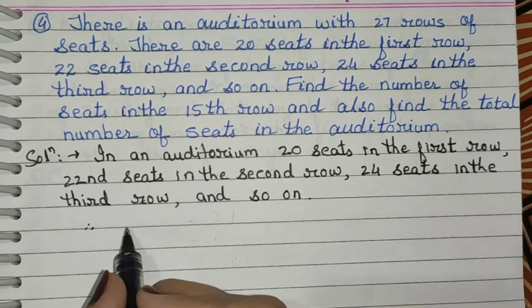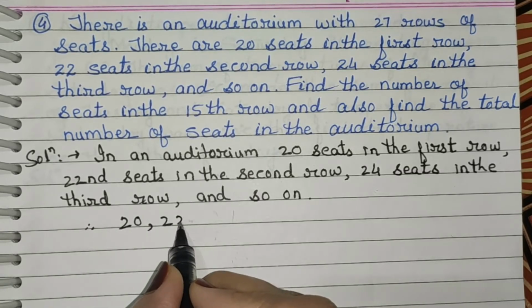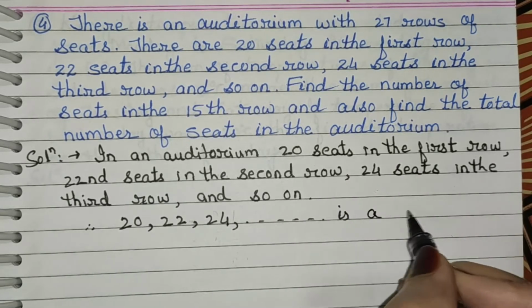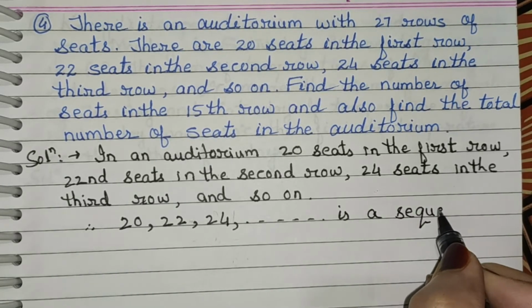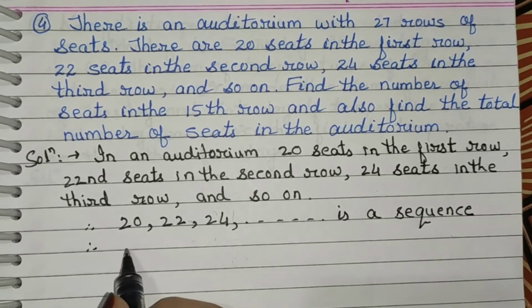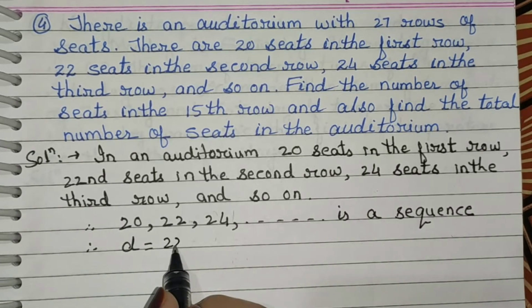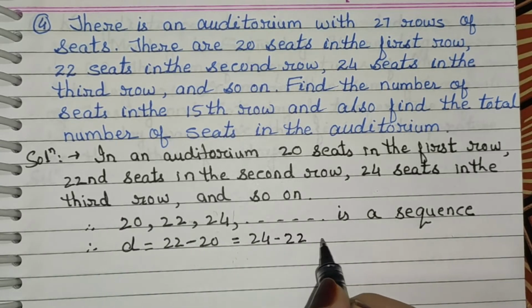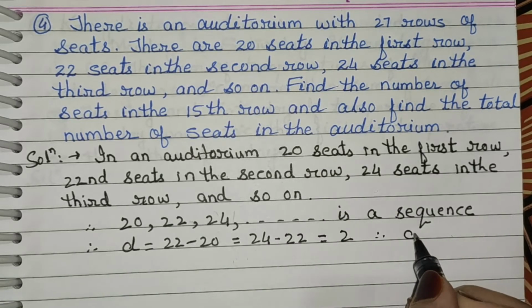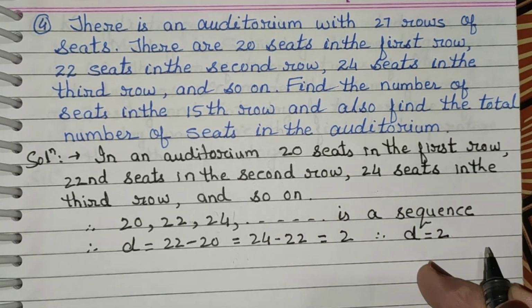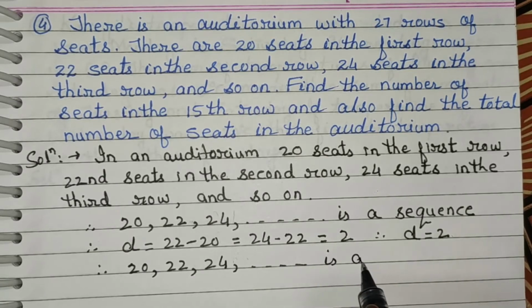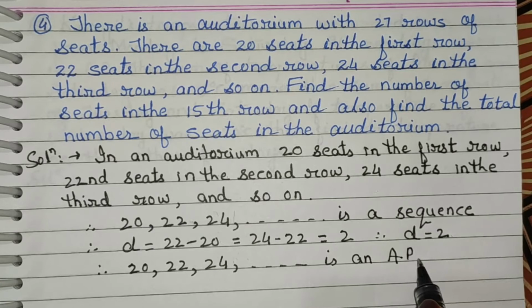Therefore 20, 22, 24, and so on is a sequence. Therefore D is equal to 22 minus 20, which is equal to 24 minus 22, which is equal to 2. Therefore the value of D is equal to 2. It is constant. Therefore 20, 22, 24 is an AP.